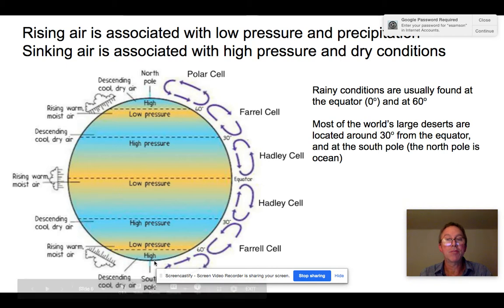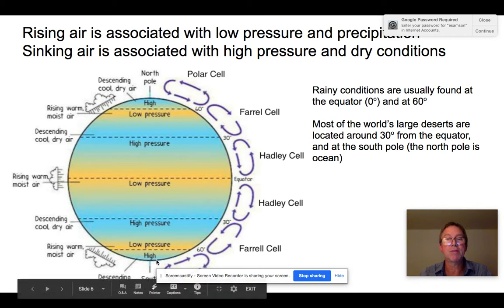And it turns out the South Pole is a desert. It's the driest desert on the planet. It just happens to be covered with water, which oddly enough, because once in a while it does snow, but we have descending air that's very cold and very dry. And so we have high pressures at 30 degrees, and we have it at 90 degrees.